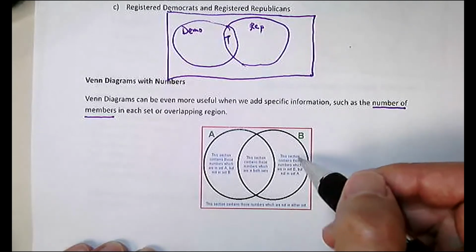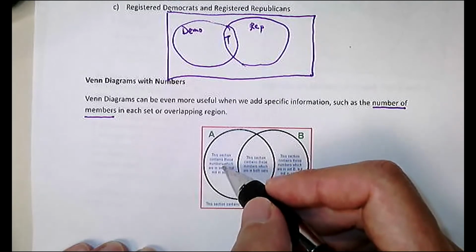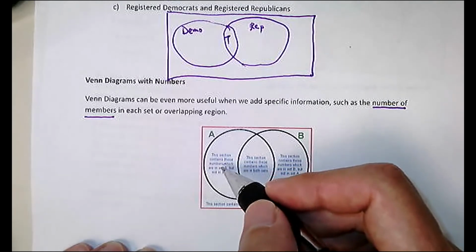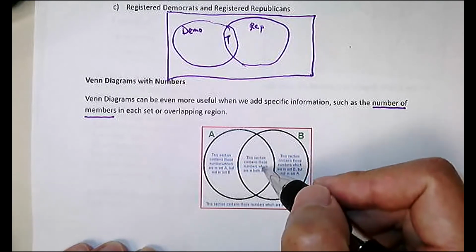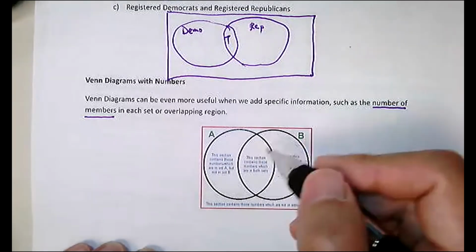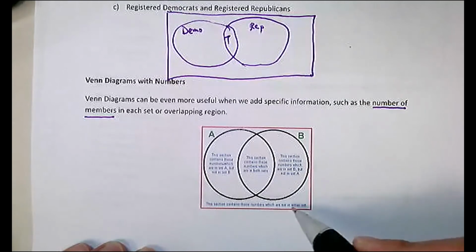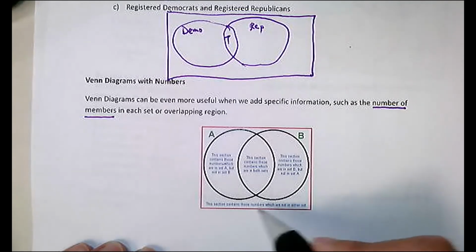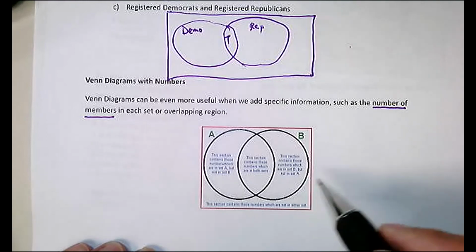Just in B. So here are the number of members just in A, not in this overlapping part. There's also a small region here. This section contains those elements which are not in either set. Okay.